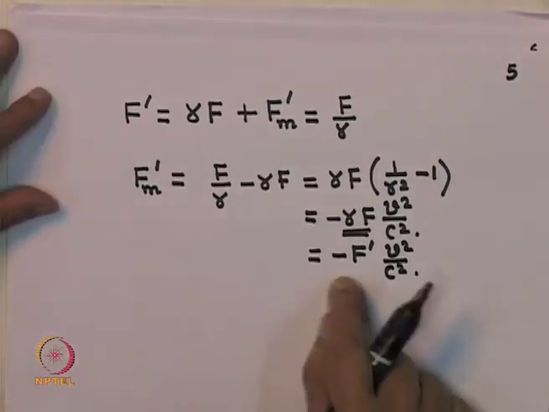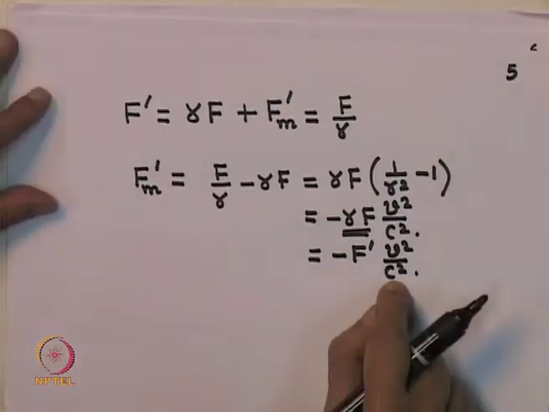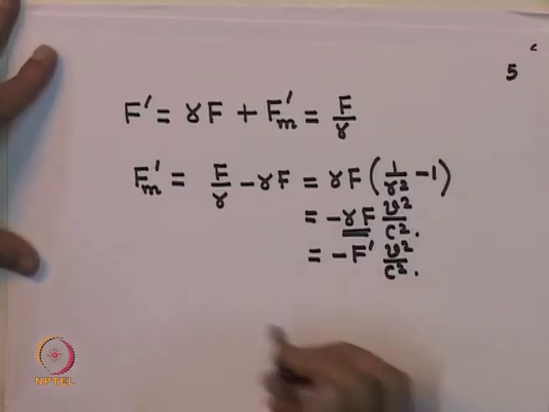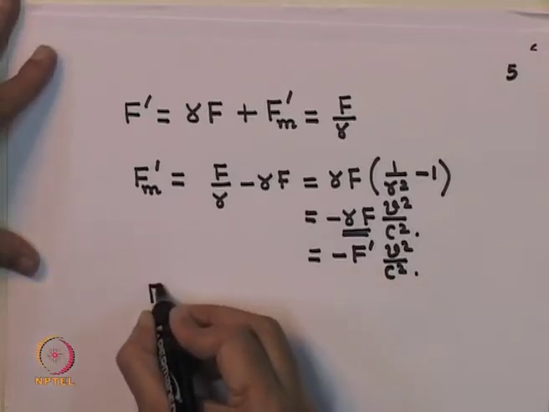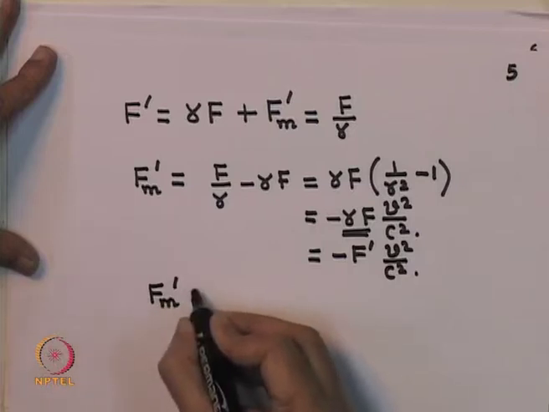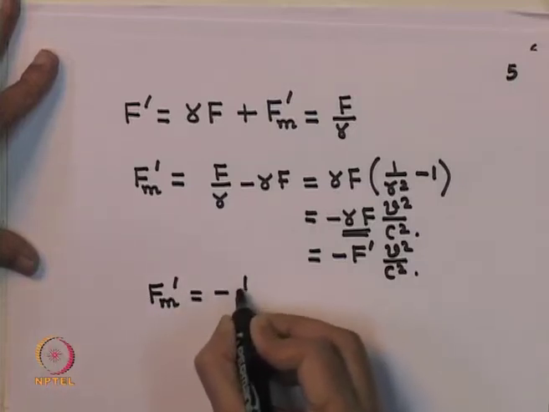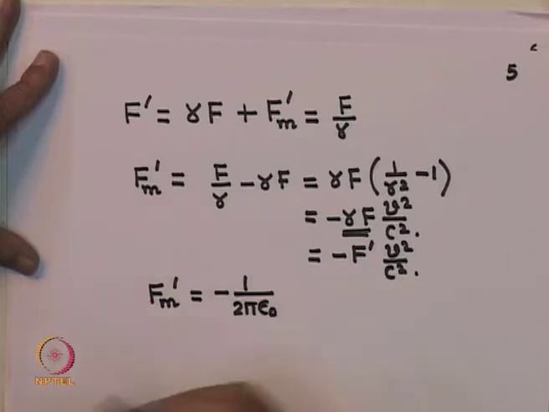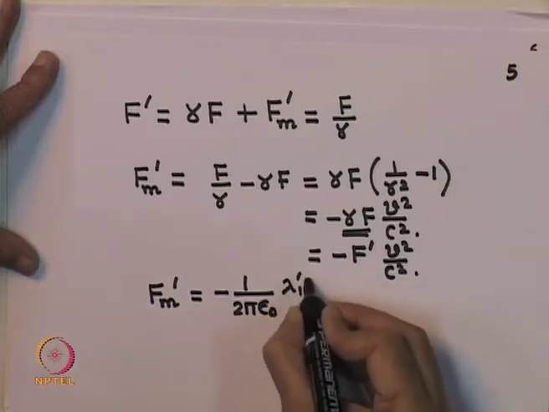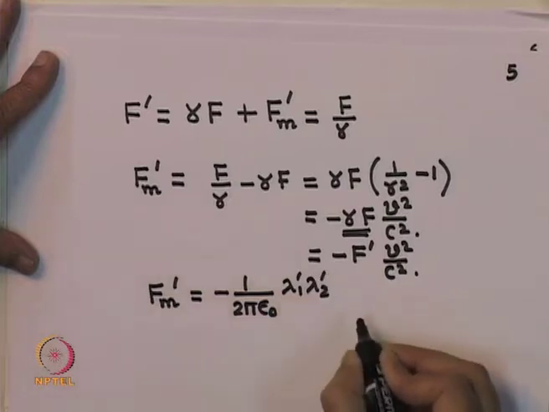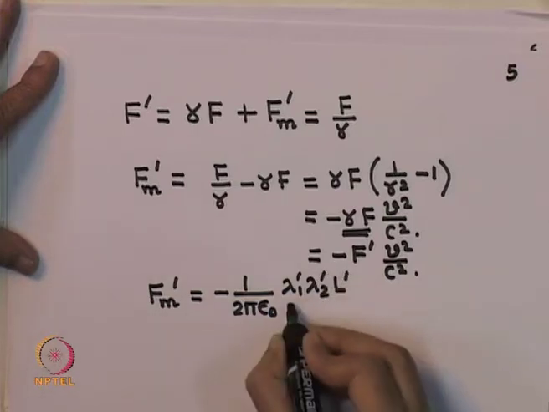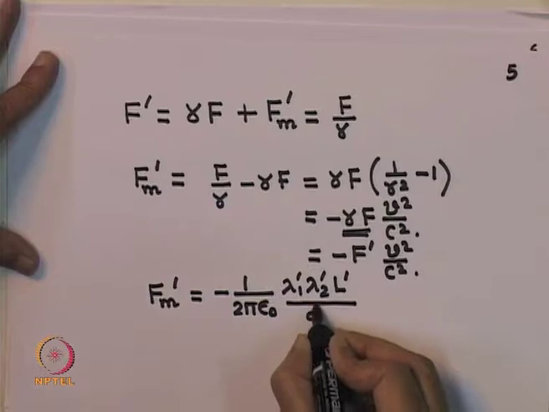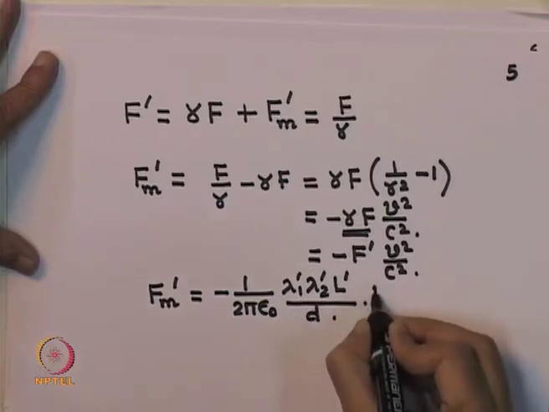So, this is the force that he calculates, and therefore F m prime according to him should be 1 over 2 pi epsilon 0 lambda 1 prime lambda 2 prime L prime divided by d, and of course, v square by c square.